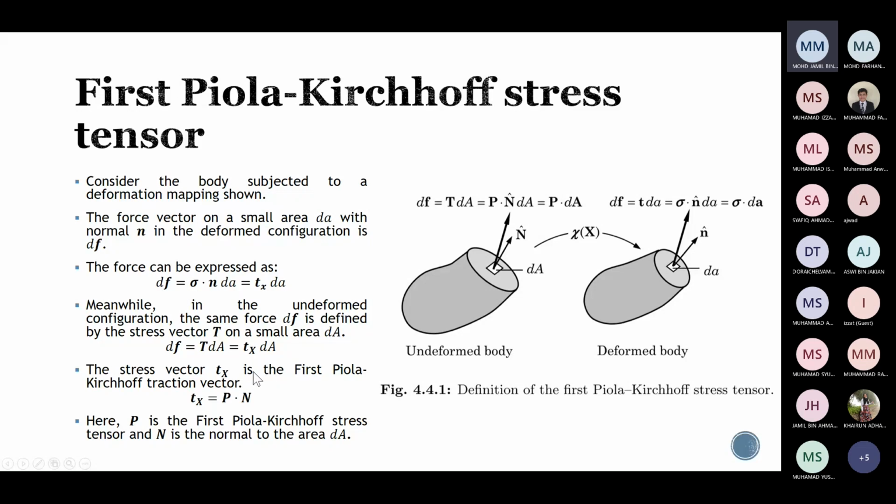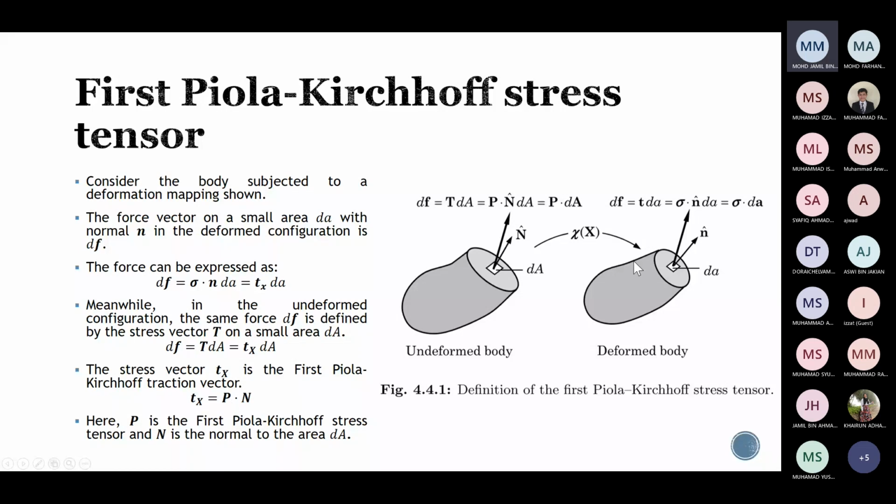If you want to find the stress depending on the first Piola-Kirchhoff traction vector, we can use this formula: T big X equals P dot big N. P here is the first Piola-Kirchhoff stress tensor, and N is the normal to the area dA.